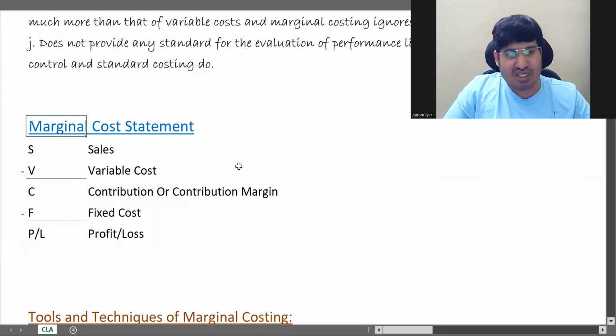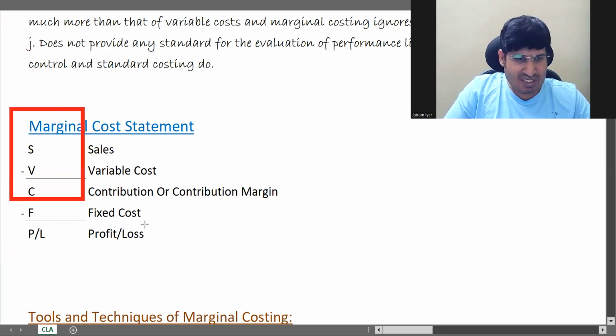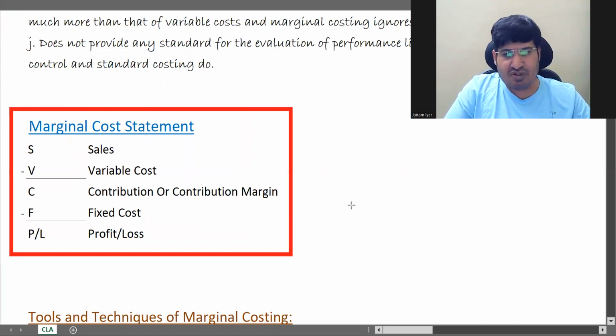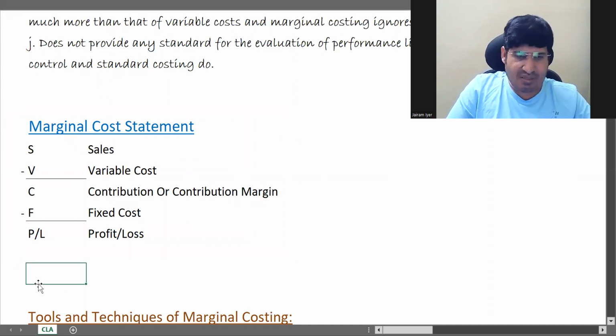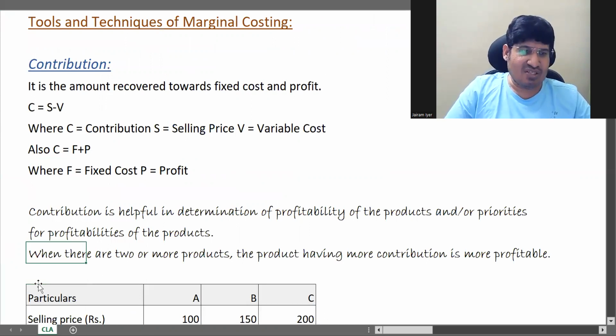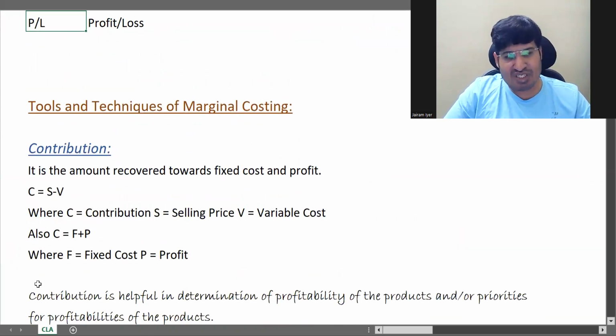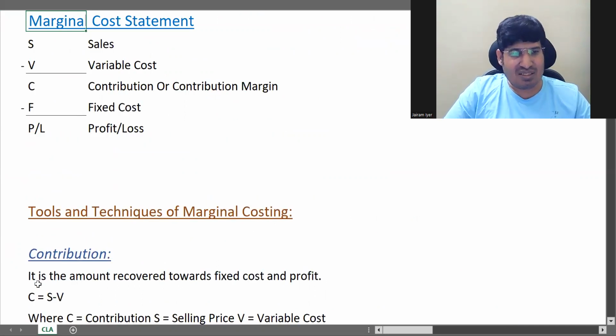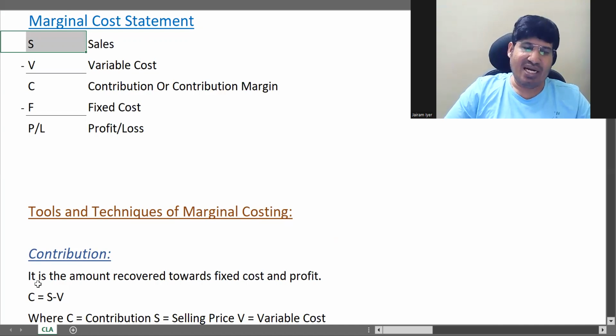So now in marginal costing, first thing is your marginal cost statement, which is sales minus variable cost of sales gives you contribution, less fixed cost gives you profit or loss. Okay. This is your primary statement using which we solve all our problems. Okay. And then you have certain formulae. So this one is called the equation method also. It is nothing but the same marginal cost statement which we are seeing here. Okay, we write it in equation form.